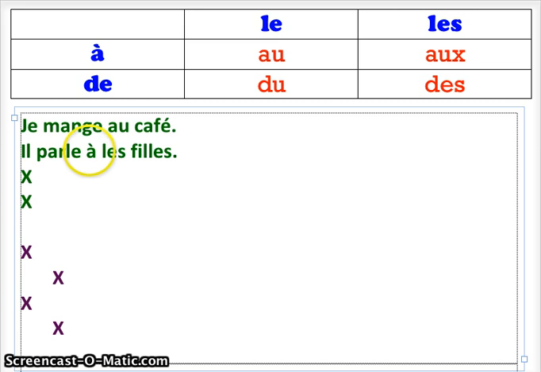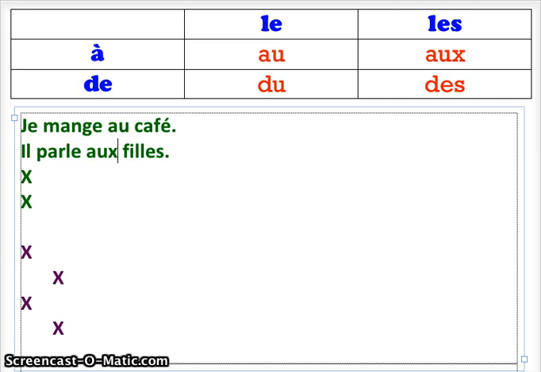Our only issue is that we have this à and les next to each other. And you will never see that in a French sentence because à and les become aux. And now we will say il parle aux filles. He is speaking to the girls.